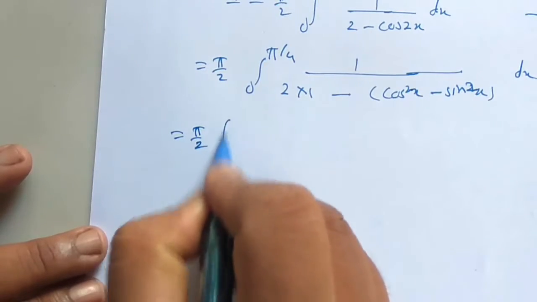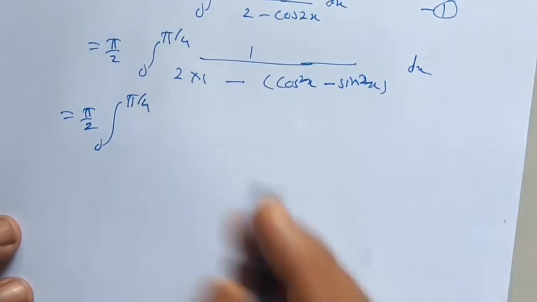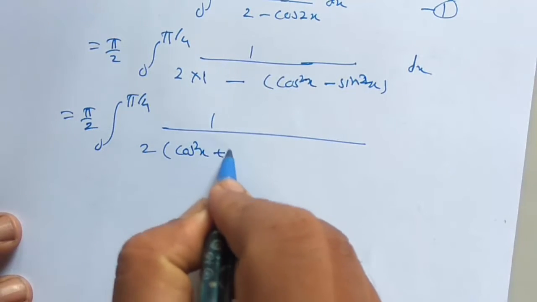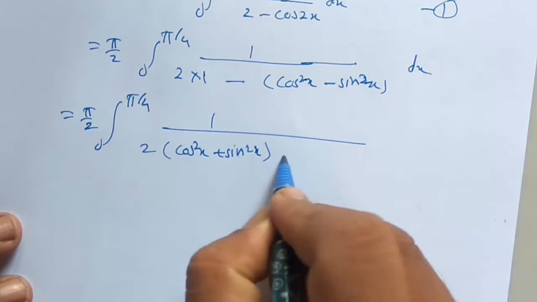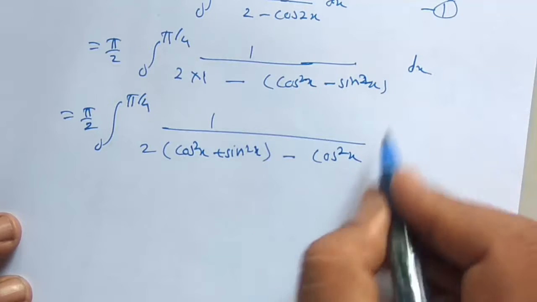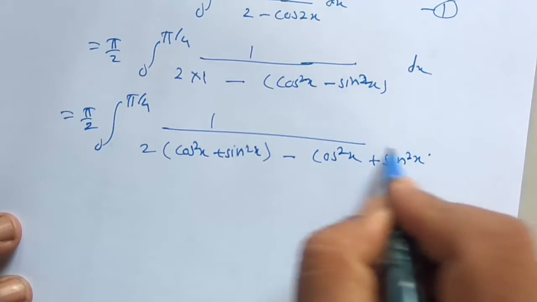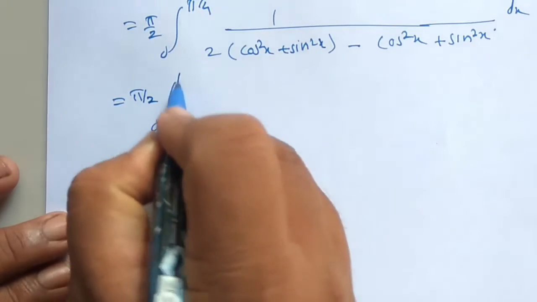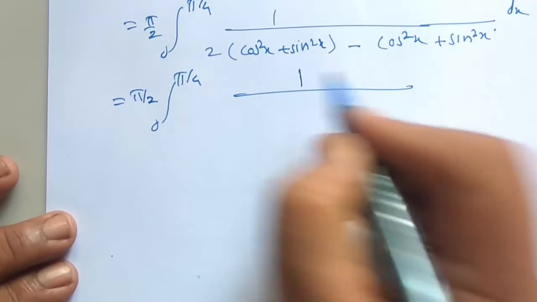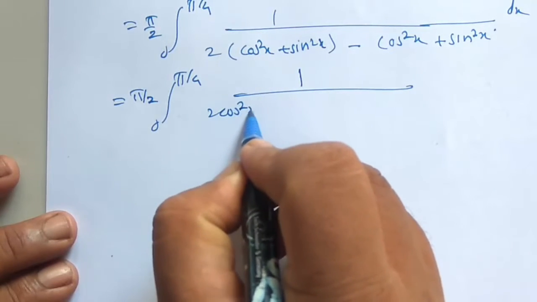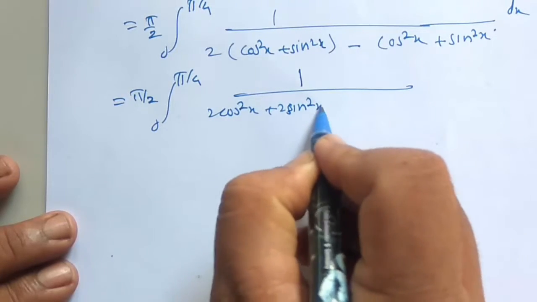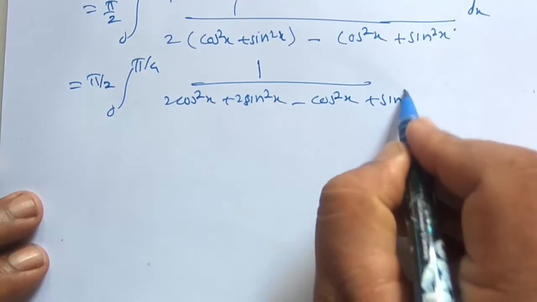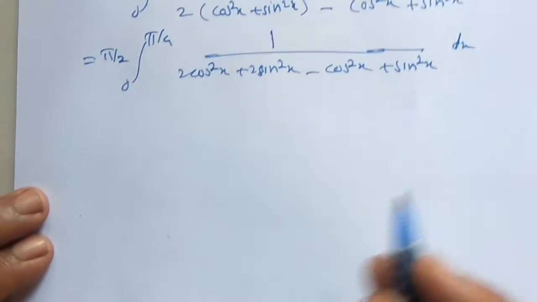This is equal to pi by 2, 0 to pi by 4, 1 upon 2, where 1 is replaced by the identity cos square x plus sin square x, minus cos square x plus sin square x dx, which is 1 upon 2 cos square x plus 2 sin square x minus cos square x plus sin square x dx.